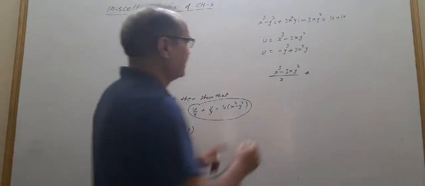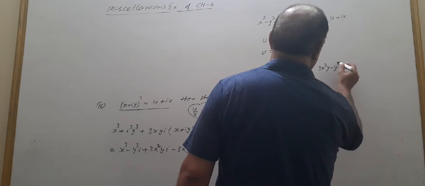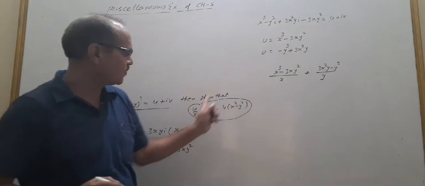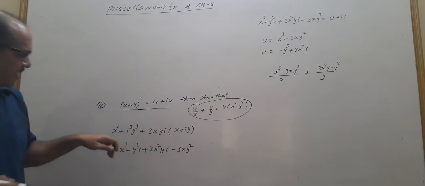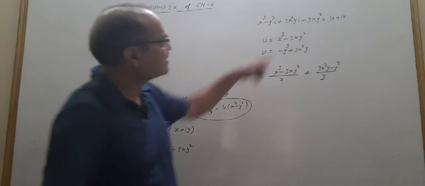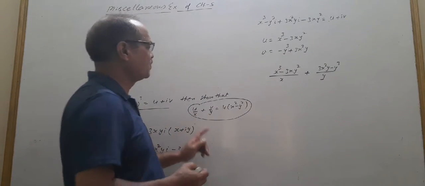The value of v is 3x square y minus y cube, upon y. You see, just substituting the values of u and v here. First of all, cubing both sides, applying the result of iota square, simplify this, comparing real and imaginary, and substituting the values here to prove the result.